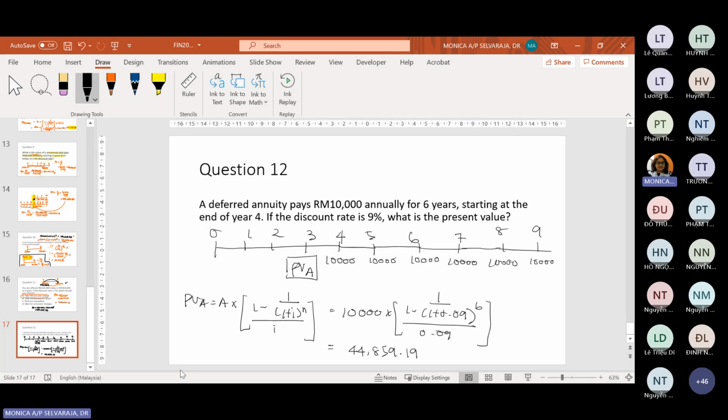Okay, so you get this. This one is the value, PV value, at the third year.